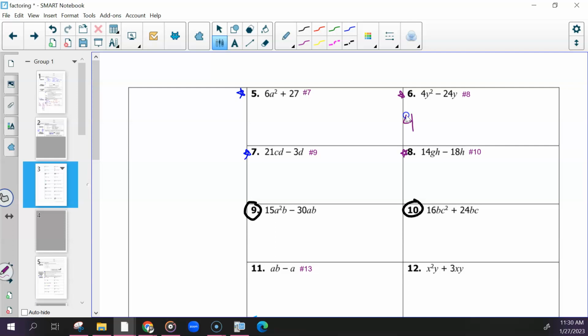Yes, and how many? 2. Can we take 2 y's out of this one? 1. So just 1. And if we're dividing both by 4y, remember dividing out variables, you're subtracting the exponents. This one has a 1. What would our new inside be?